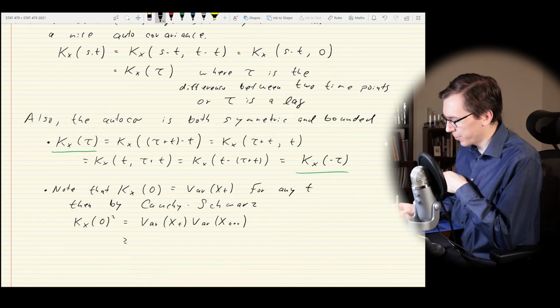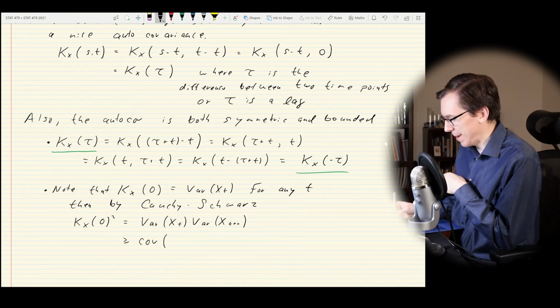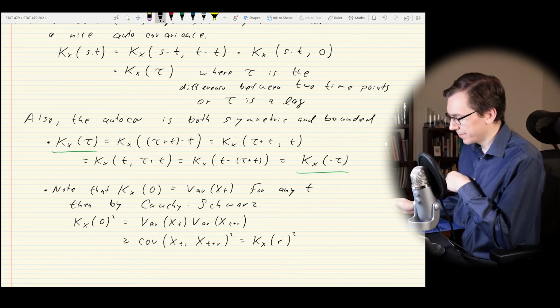Then, thanks to Cauchy-Schwarz, we can lower bound that by the covariance between xt and xt plus r, squared, which is going to be kx, the autocovariance at lag r, squared.